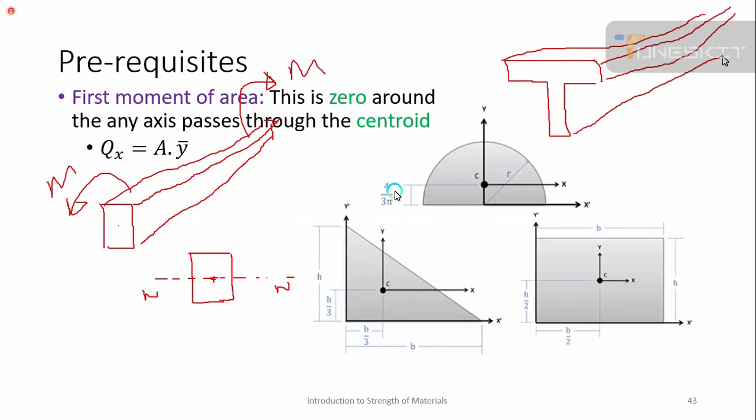Okay. Now it's a cross section. It's a cross section of the beam. Now this beam is subjected to a bending moment. Then what is the neutral axis? It is also the centroid of this cross section. So the cross section is T shape, no?